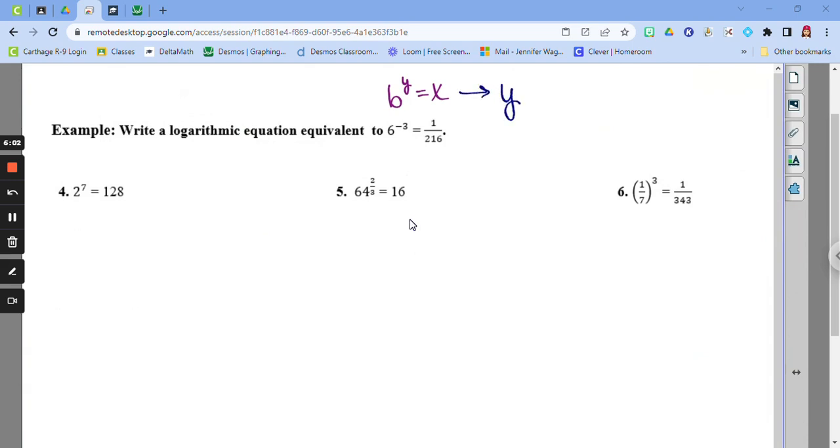Therefore, y equals log base b of x. So that means 7 is our y and 128 is our x.